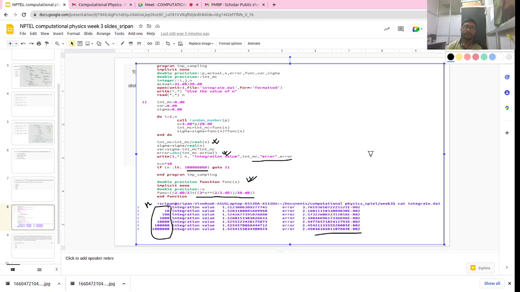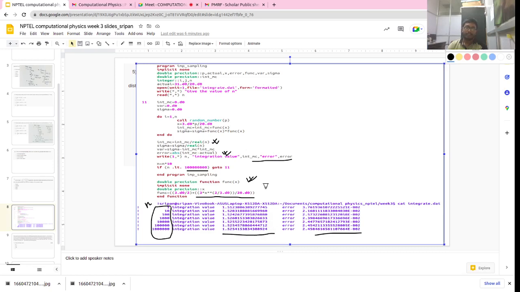So you can see that this value, 31/20, is around 1.55, but even if this n value is quite large, the integration value we are getting from Monte Carlo simulation deviates by almost 0.025 from the actual value.